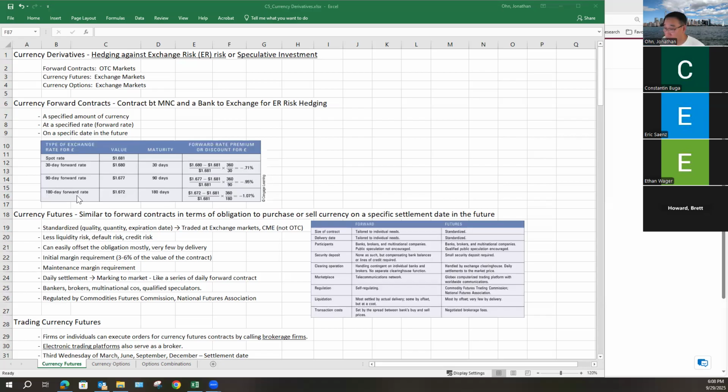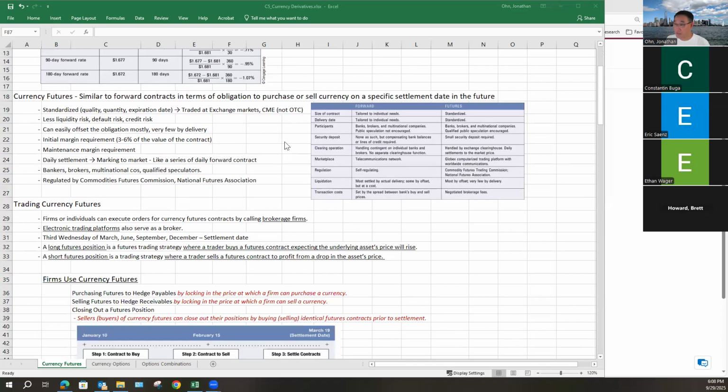In this case, for the 180-day forward rate, the British pound is at a discount of 1.07%. That's how you do that. All right, that was the forward contract.